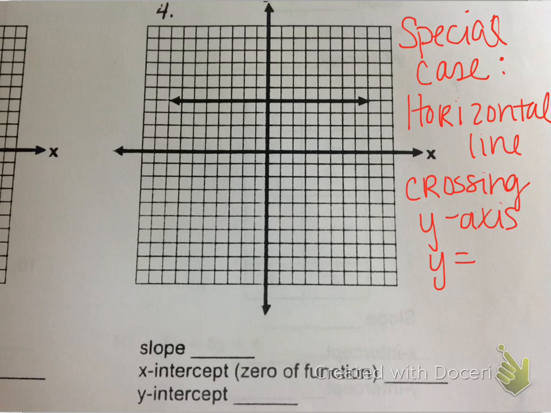In this case, it is crossing here at 4, so my y-intercept would be (0, 4). Once again, it does not cross my x-axis, so my x-intercept in this case is none, not 0, because if we put 0, that means it would be crossing at (0, 0), and it does not.